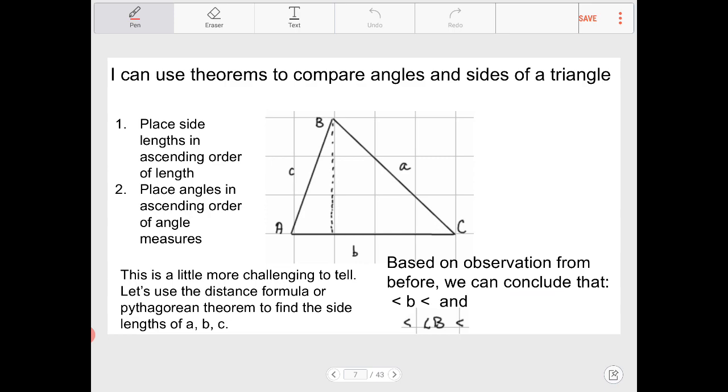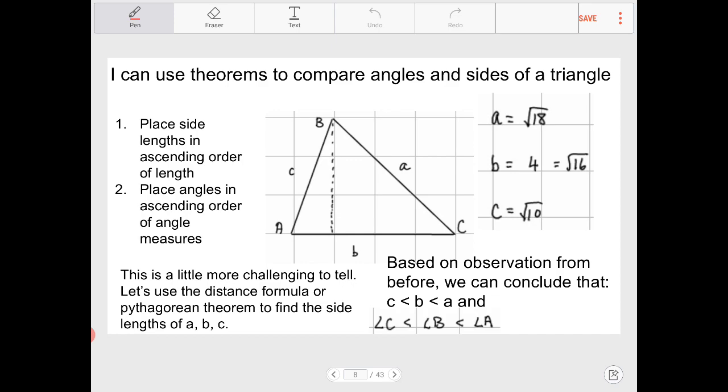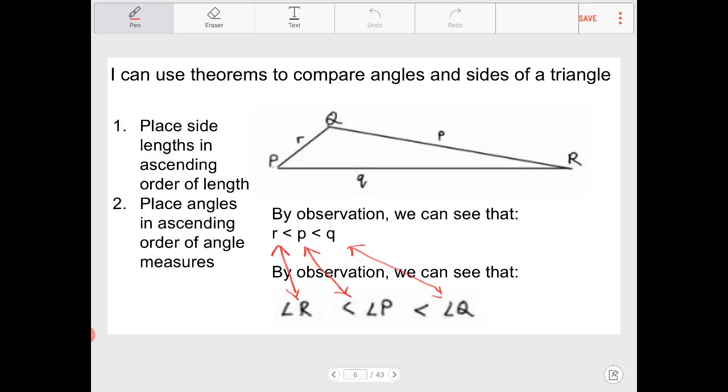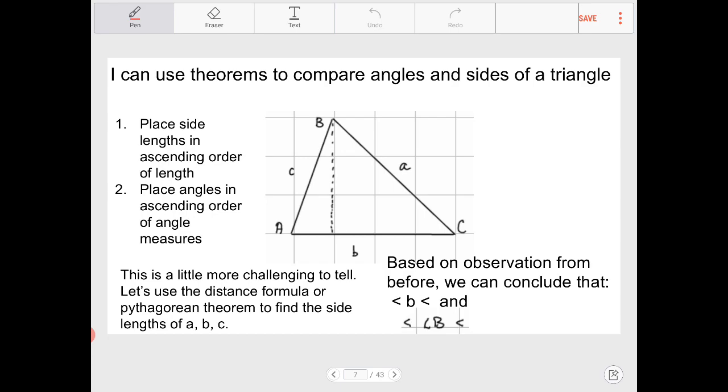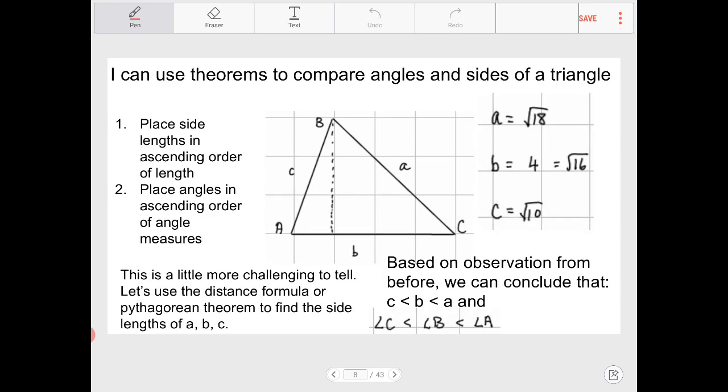Because it's on a coordinate grid, we can figure out side lengths of A, B, and C without much hesitation. We can use the distance formula and determine that side length A is square root of 18, side length B is equal to 4, and side length C is equal to square root of 10. Knowing this fact, and knowing the observation that we made a moment ago, that the largest angle will be opposite of the longest side and so forth, we can make the prediction that angle C will be opposite the shortest length.